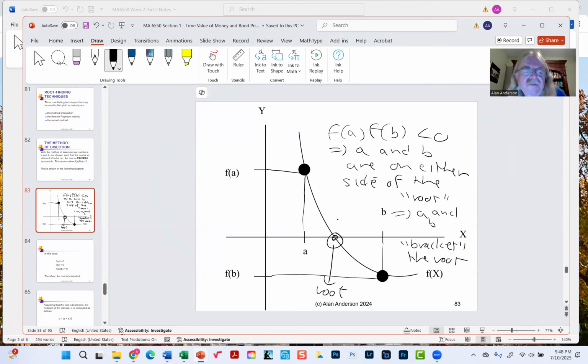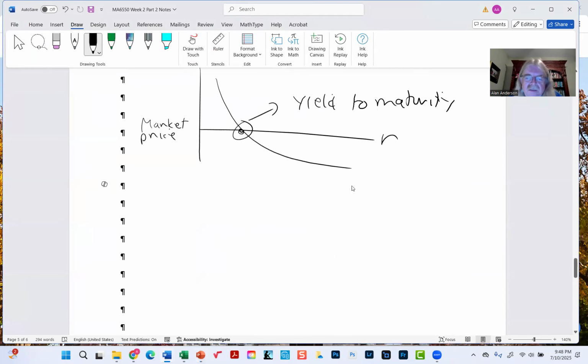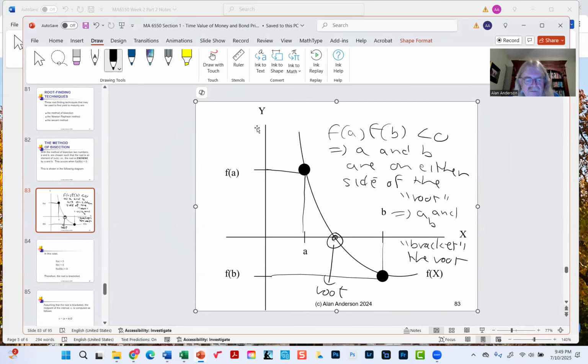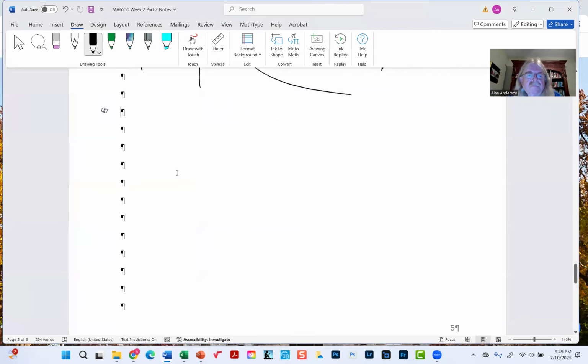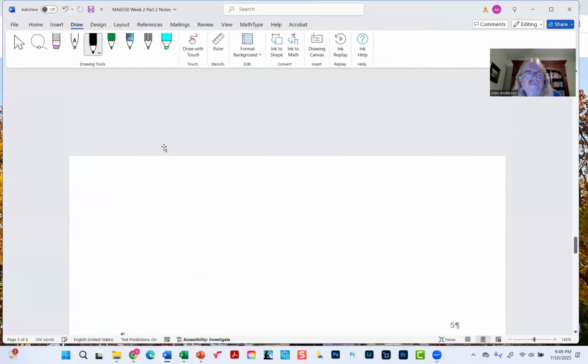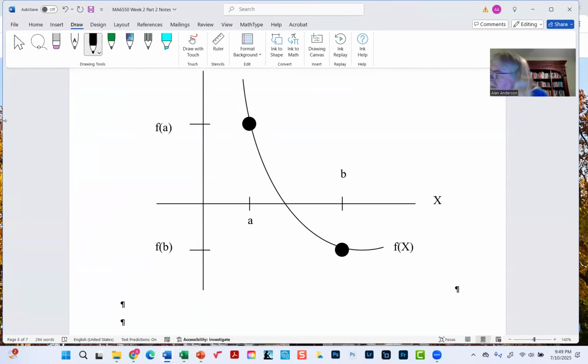Now, what comes next? We're going to establish a midpoint between A and B. All right. So let me copy this in here so we can see it better. So once we've established that these A and B bracket the root, we need a midpoint. Here's the root. Let's say this is C. C is the halfway point between A and B. So when I put the C there, one of two things can happen.